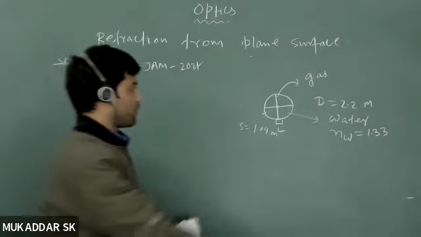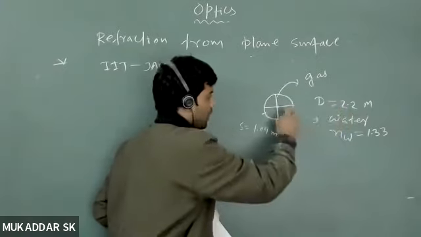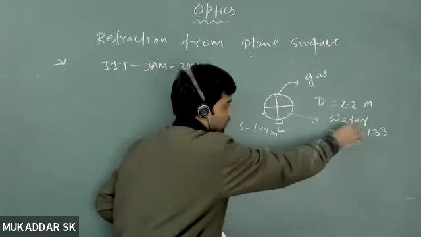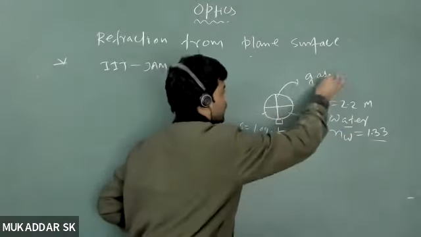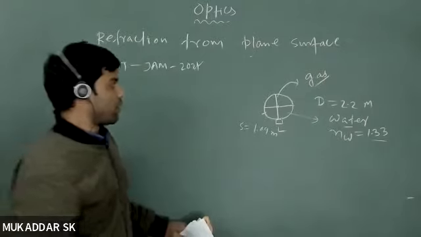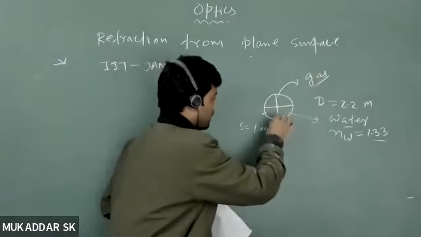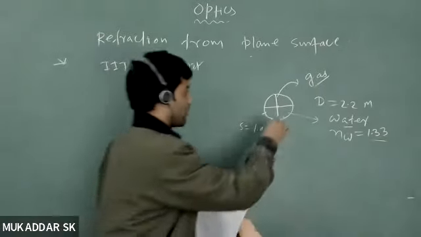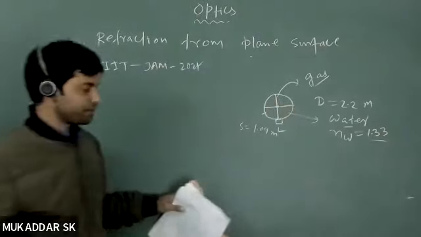Again, I am repeating: you have a cross-sectional view of a cylinder, diameter 2.2 meter, the lowest half is filled by water with refractive index 1.33, and the upper half is filled by gas. But they didn't give the refractive index of this gas. A laser source is kept at the lowest point, and the light from this laser source strikes the center.